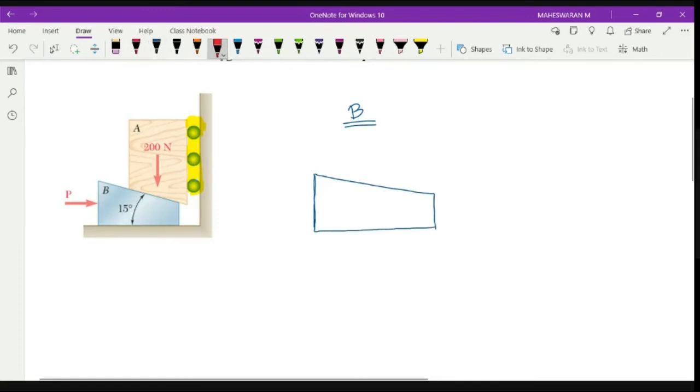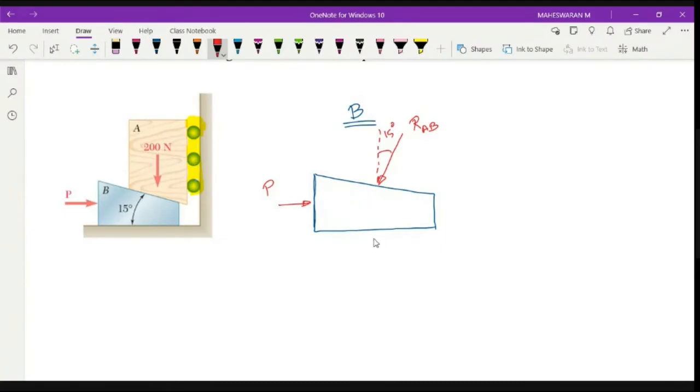Okay, so if I identify what the forces are, you have force P, which is acting along the right-hand side. You have two contact surfaces. One is RAB, and the angle is 15 degrees horizontally, so this RAB will be perpendicular to that, which makes it 15 degrees vertically.